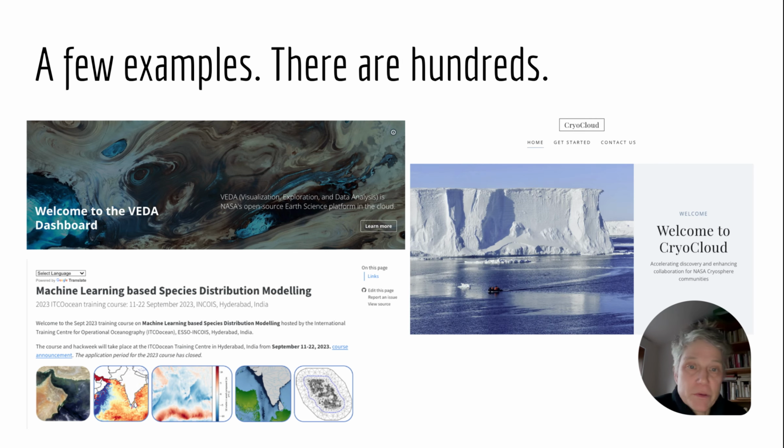So a few examples. CryoCloud is a JupyterHub for the cryosphere community. It's the community that studies ice and snow. NASA Veda, this is one they have for working with their satellite data imagery. This was a hub that I used in a machine learning hack week that I taught recently.